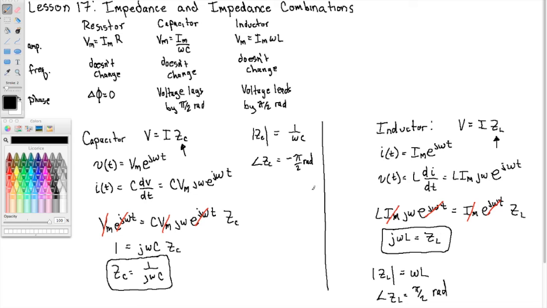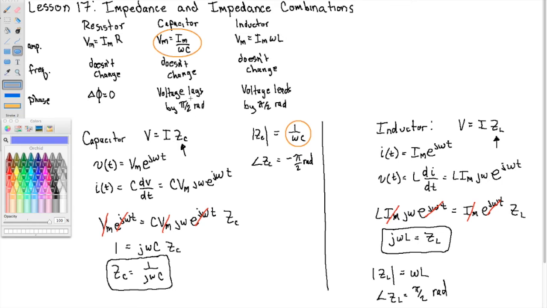Now, here's where it should lock in for you. Look at what we set up here in this table. Here's how the voltage was scaled. Take the current and scale it by omega c, or 1 over omega c for the capacitor. And look at what we have here.